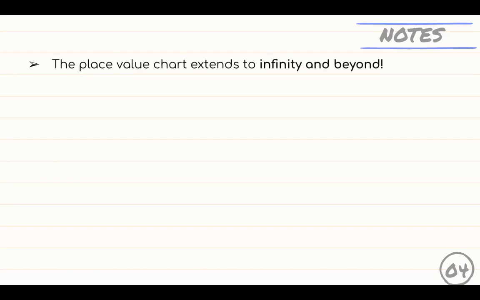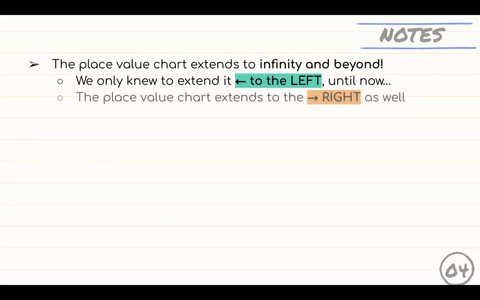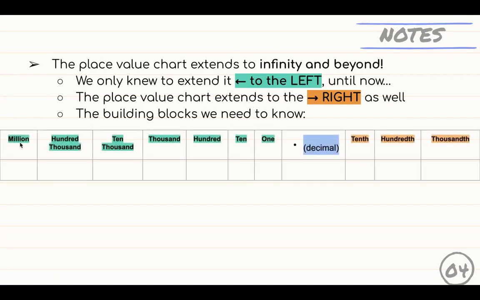Notes. The place value chart extends to infinity and beyond. Before today, we only knew to extend it to the left. The place value chart also extends to the right. The building blocks we need to know for our place value chart are million, 100,000, 10,000, 1,000, 100, 10, 1.